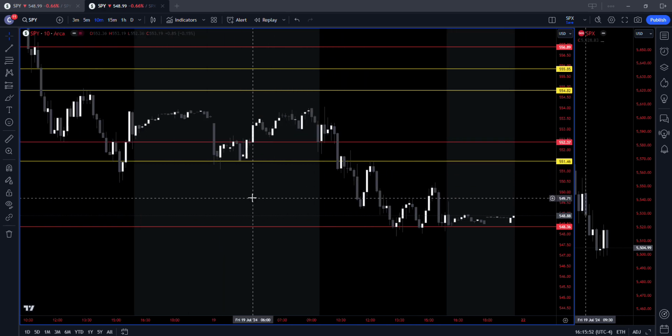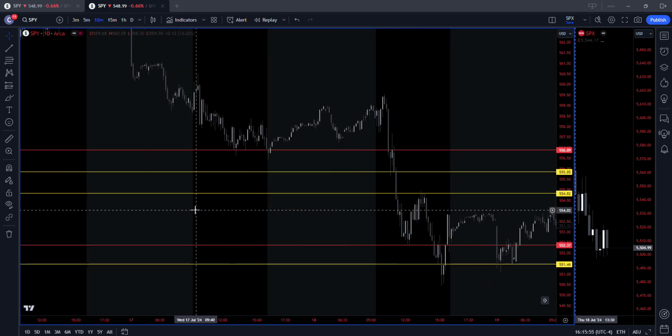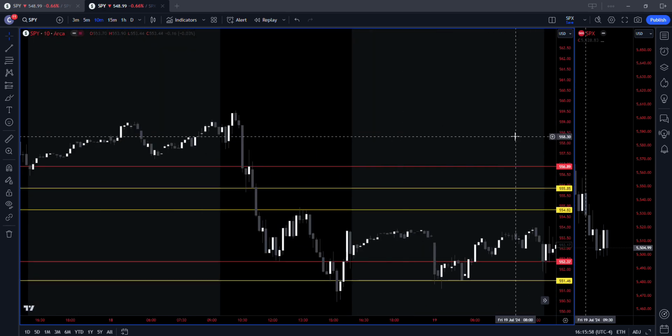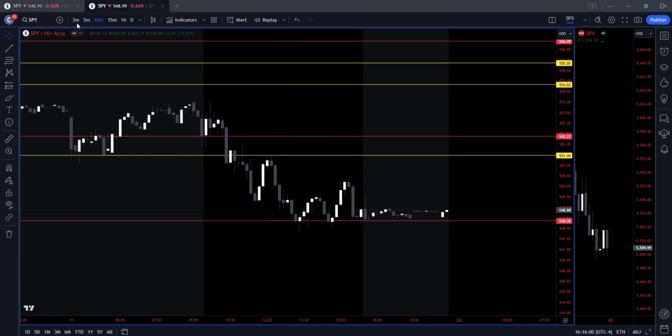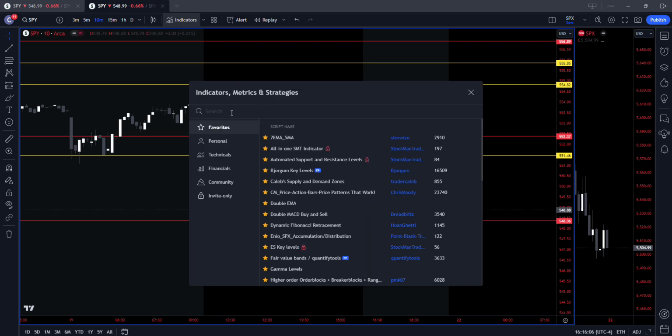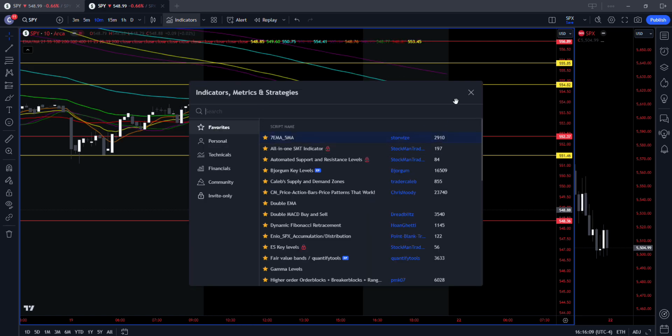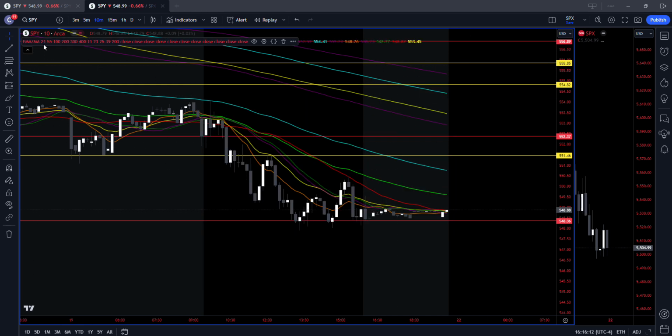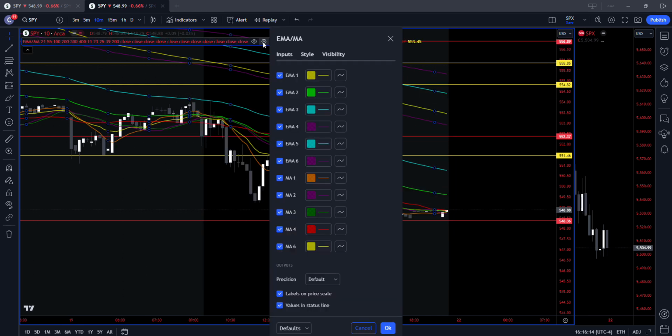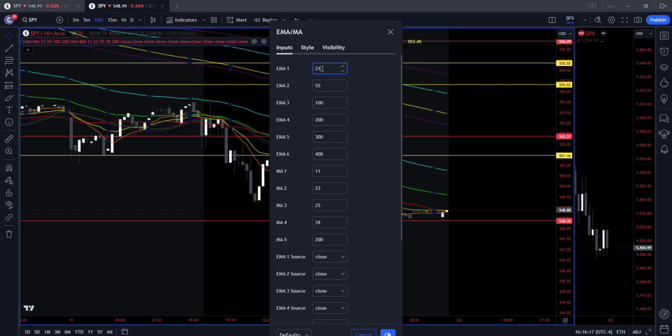And for momentum, how else can you see momentum? You can use moving averages. All right, let's see this. How do I do this? Let's do 5, 9, 14, 21, 50, 200.